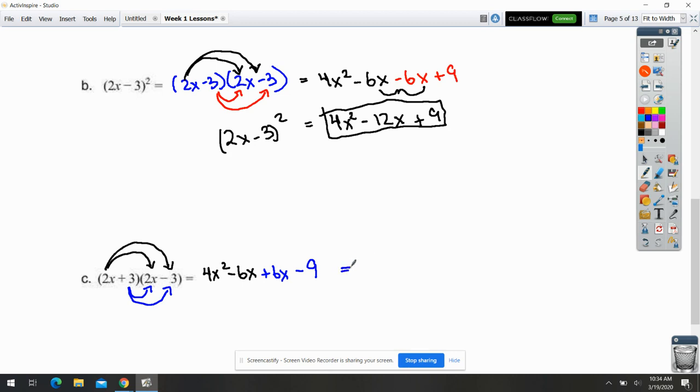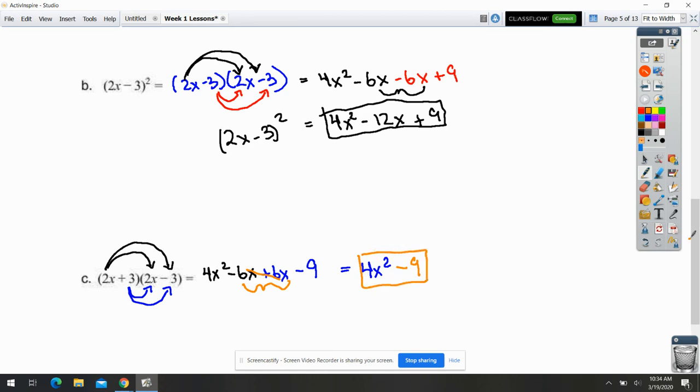So how is this going to break down? Well, we have the 4x squared, and look at this. The negative 6x and positive 6x eliminate to 0. So we're just left with minus 9. And this is our answer.